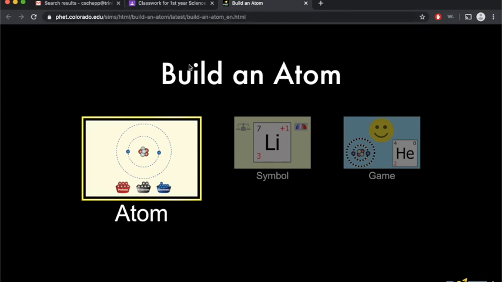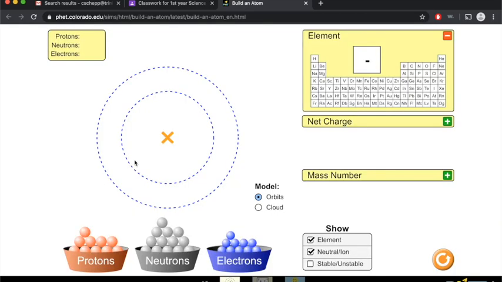When you click that link, it'll bring you to this page here. You'll click into where it says atom, and it'll bring this screen up. I know you guys haven't seen a lot of this. We haven't really talked about a periodic table, mass number, net charge, and all that stuff. But that's okay. I just wanted you guys to play with this, see what you could figure out, what you couldn't figure out, and then we talk about it from there.